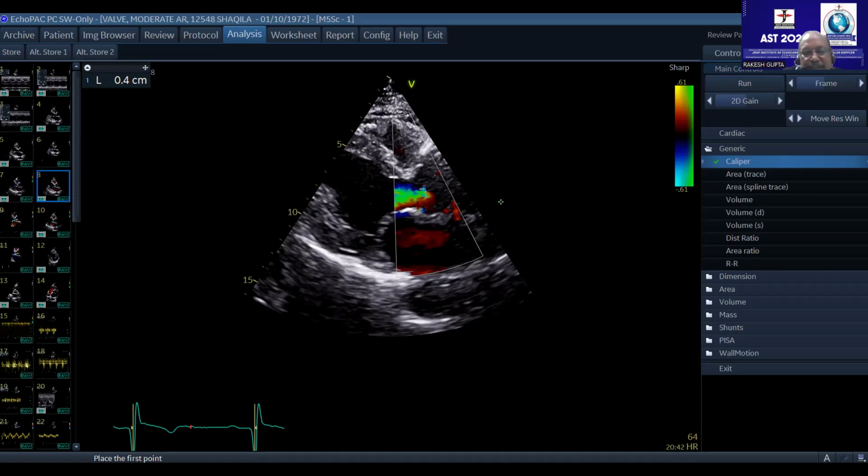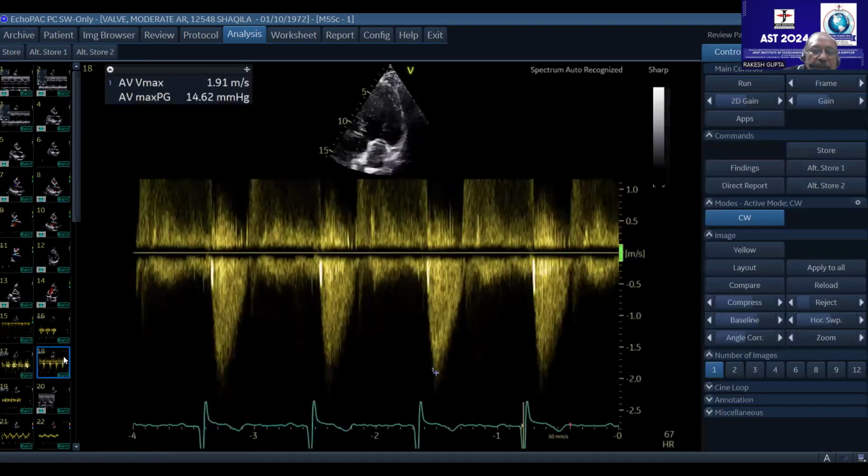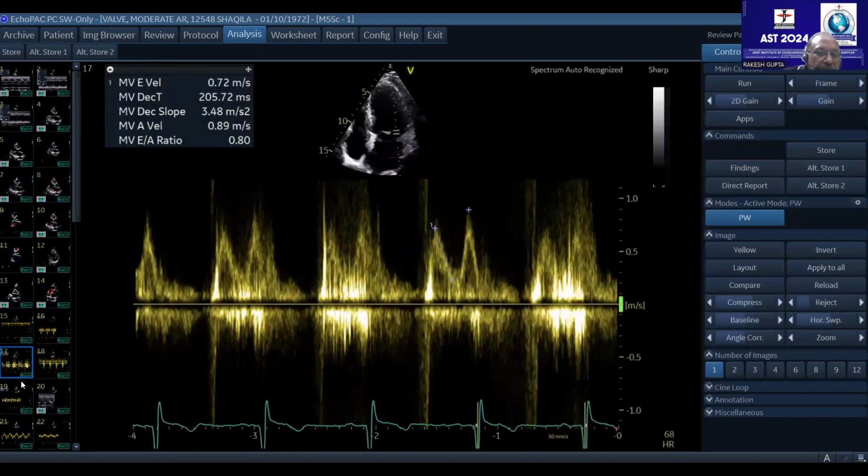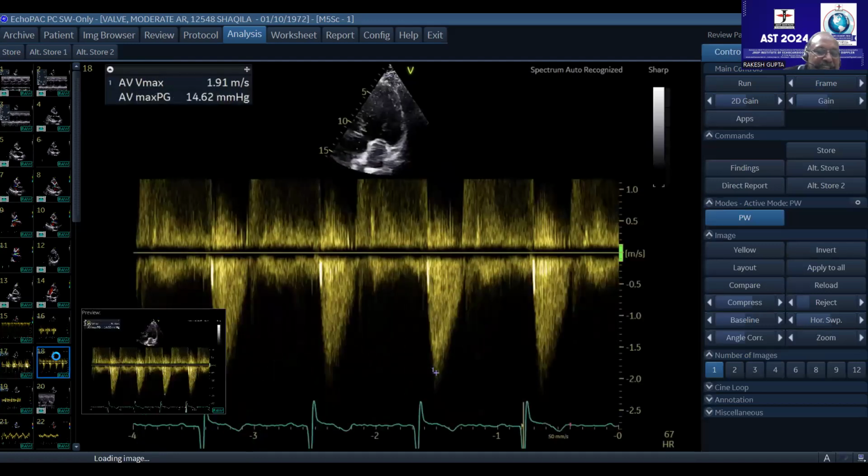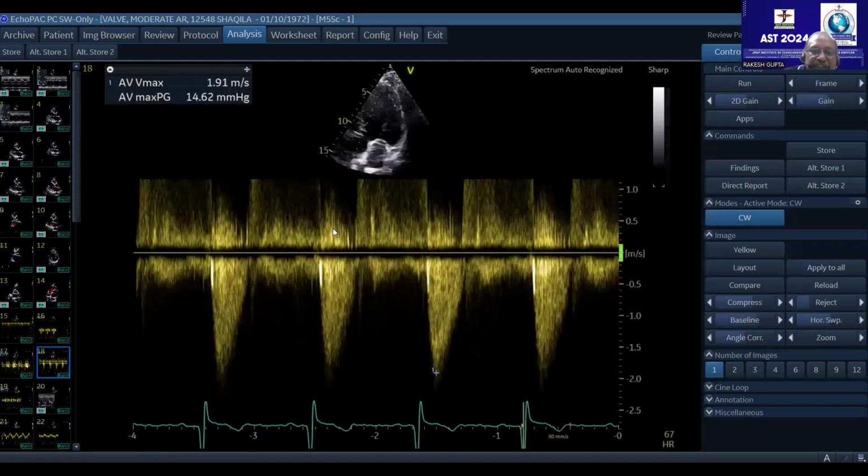What else would you like to see in this? Pressure half time. How do you see pressure half time? Go to the apical window and see the jet for pressure half time in this fashion over here. So let me see whether we can see a pressure half time in this. I have to put my baseline down. No, not PW. It's CW again.